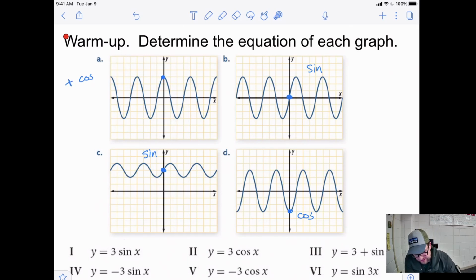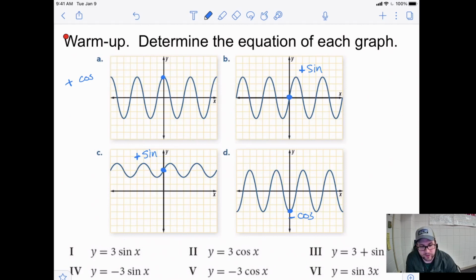And for sine, if it starts at your midline and goes up, like this one did, it trended upwards, that tells us that we have a positive sine function. So for C over here, this would also be another positive sine function. And then lastly, for this bottom cosine one, since our cosine point is starting below the midline, that tells us that this will be a negative cosine function. So we can obviously see our choices down there and we can start to piece this together.